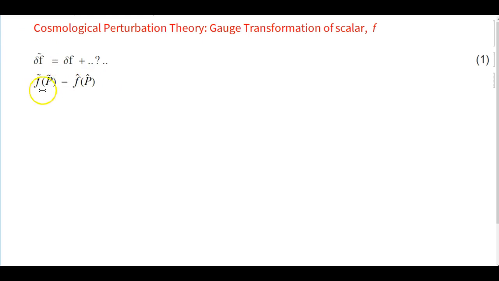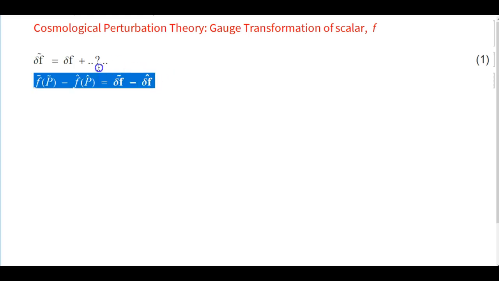The value of f in gauge 2, tilde means gauge 2, at point p tilde, minus the value of f in gauge 1 at point p caret. P tilde and p caret have the same coordinates in their respective gauges. The p tilde coordinate in the tilde gauge is the same as the p caret coordinate in the caret gauge, where tilde is 2 and caret is 1. So this is given by the value of perturbation in gauge 2 minus the value of perturbation in gauge 1.